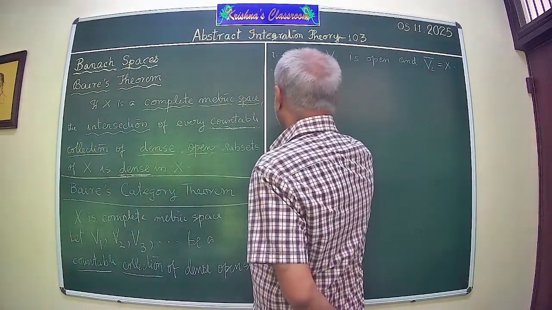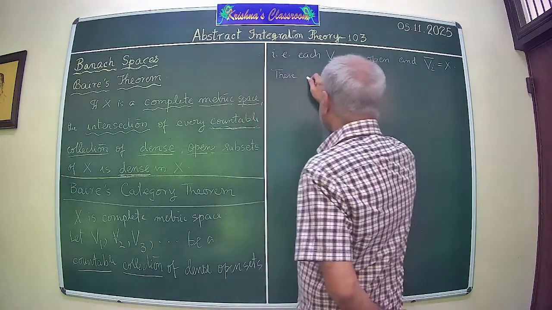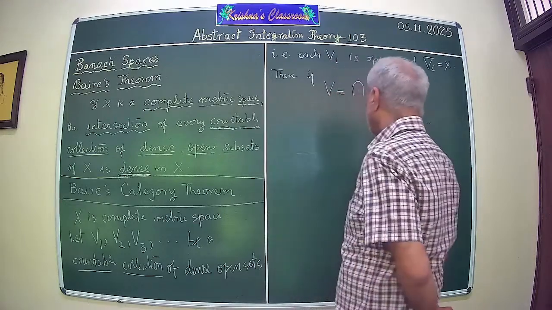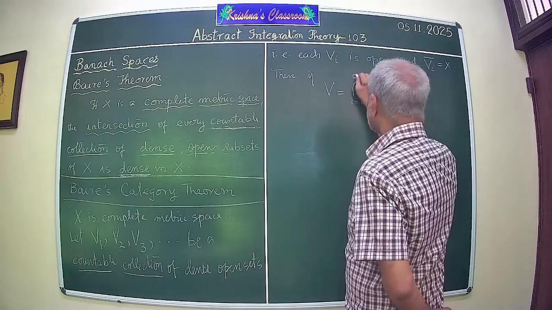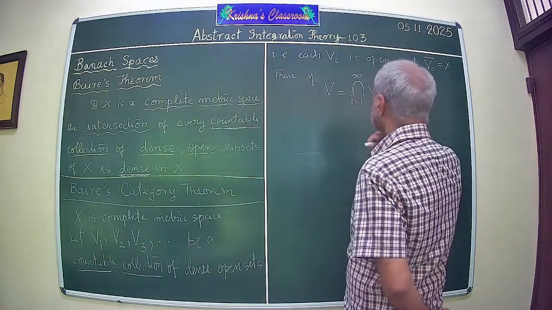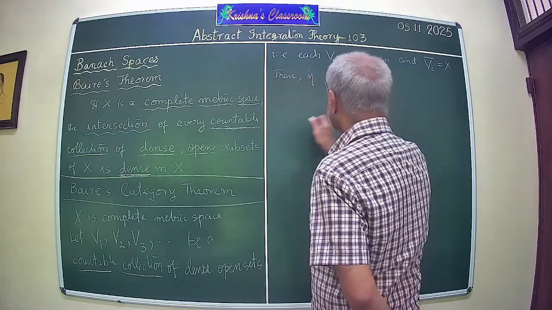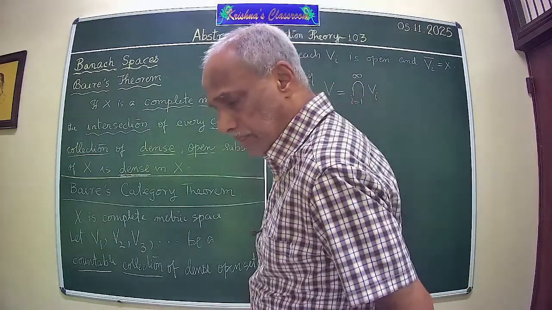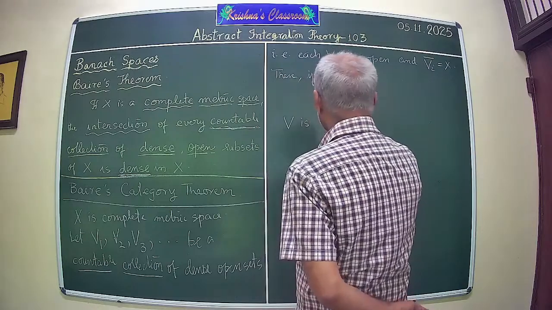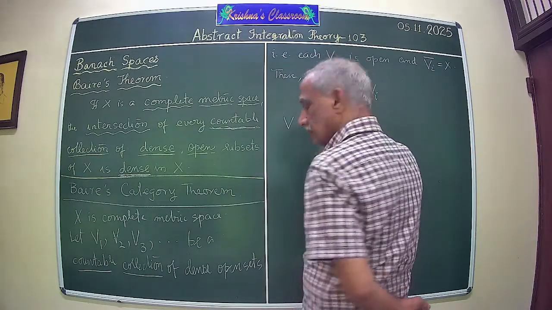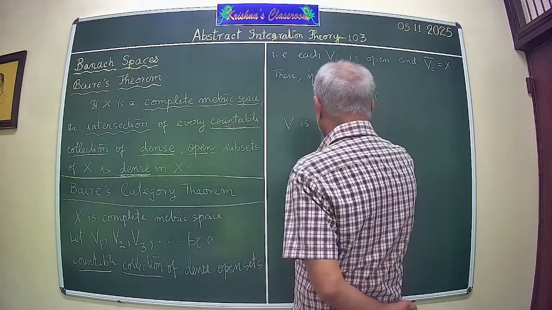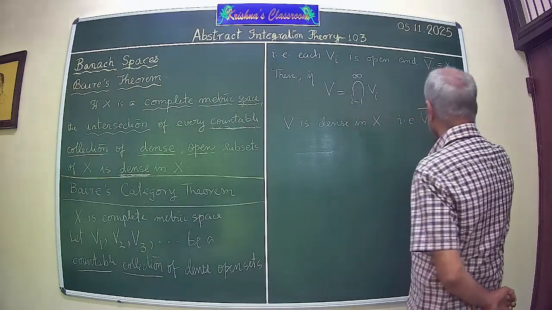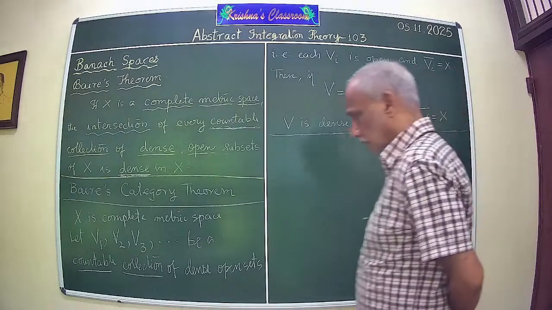Then what we claim is the following. V, equal to the intersection of the Vi, is not only non-empty, it's dense in X. That is, the closure of V is X. Now this is the statement of the theorem.